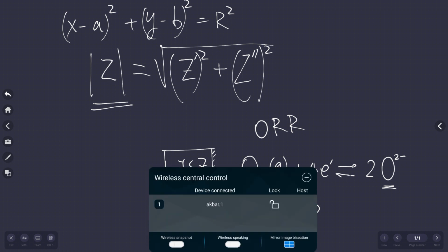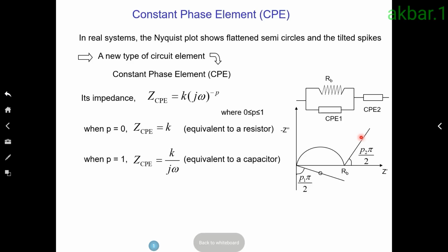And so people, since they cannot associate some of this behavior with a purely capacitive component or a purely resistive component, use this quantity called the constant phase element.